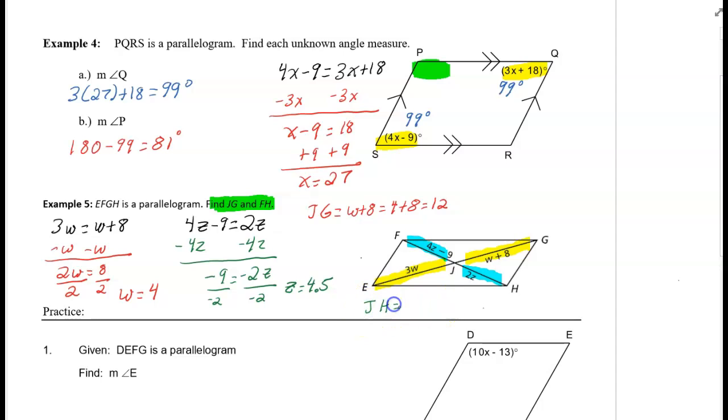So JH is 2 times 4.5, which is 9. If I were to find FJ and do 4 times 4.5 minus 9, I will also get 9. So then adding those two up to get segment FH, FH is going to be 9 plus 9, which is 18. I'm going to put a box around that answer.